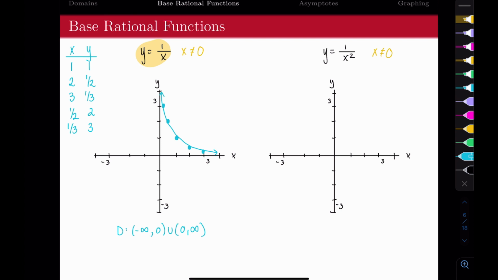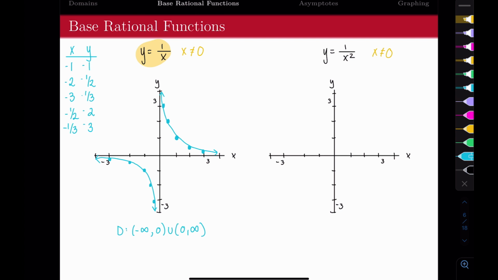The only thing that's going to happen when we have negative values is you have 1 divided by a negative number, all the y values are going to be negative as well. So the graph goes through -1, -1, -2, -1/2, -3, -1/3, and then we get kind of the flip shape, and it looks something like this.